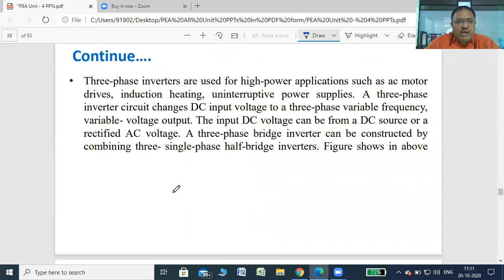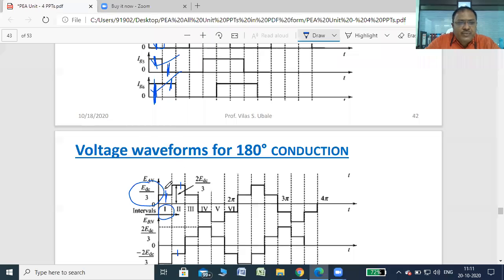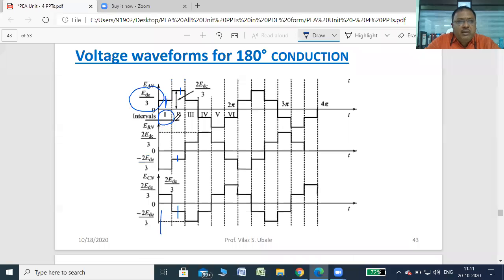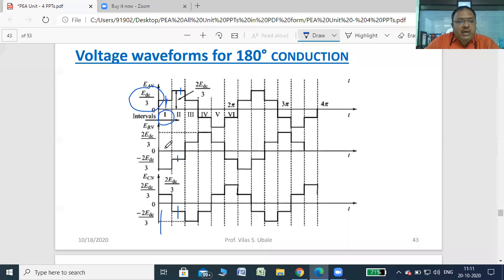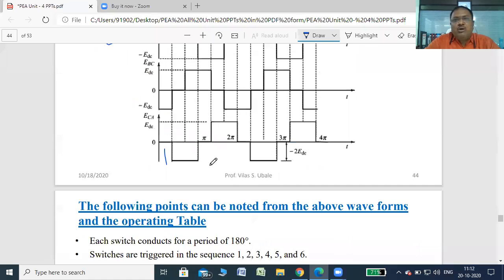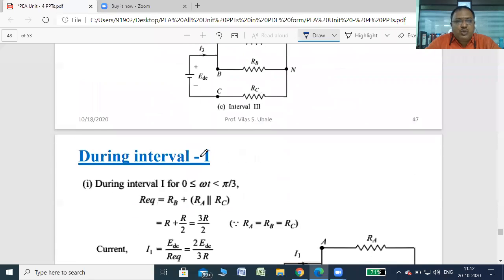You can check here in interval 1, A is positive, B is negative, so that is twice EDC by 3, and C is also positive. So C and A are positive and B is negative. That I will explain with the help of these equivalent circuits. These are the three equivalent circuits shown here.